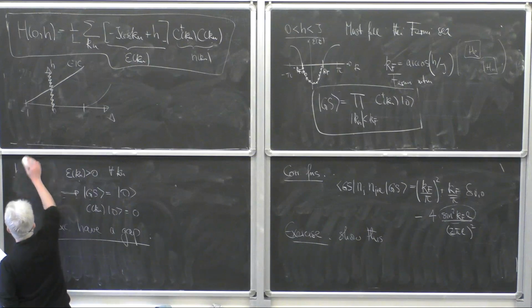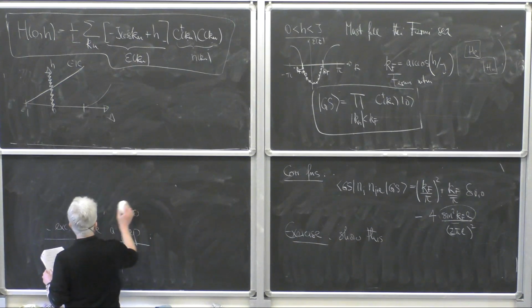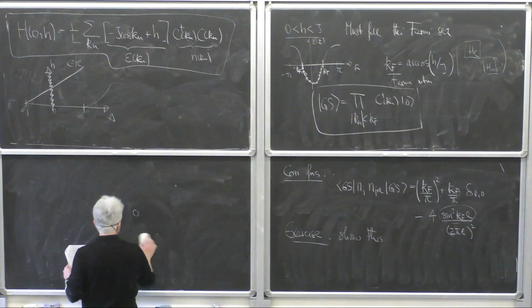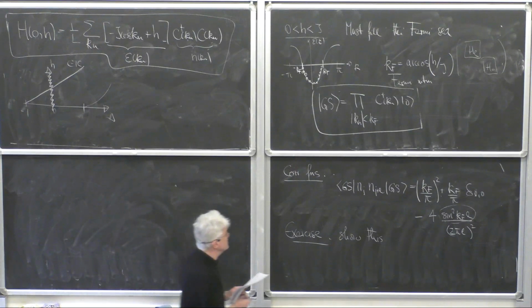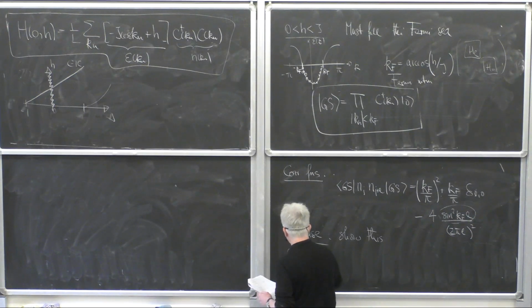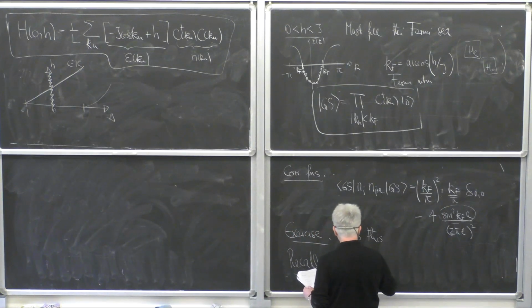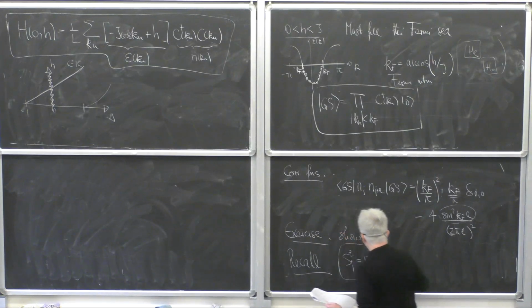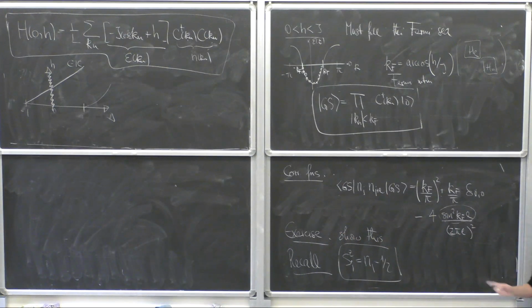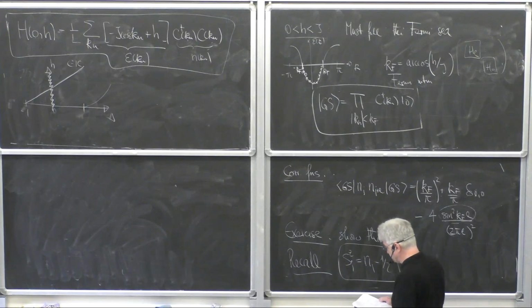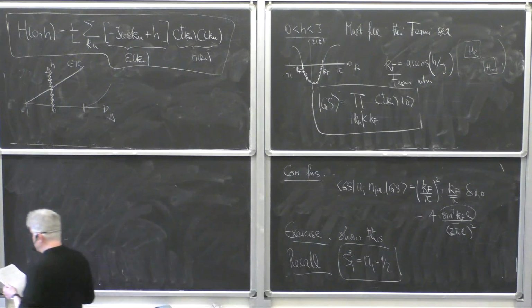Okay, and once you do that, you get this answer. Okay, so now why do I look at the density-density correlator? I look at the density-density correlator for a reason. So recall that S^z_j was just n_j minus a half. So in other words, this tells me what the S^z correlation function does in the spin model. Okay, so now what about this commensurate-incommensurate transition?